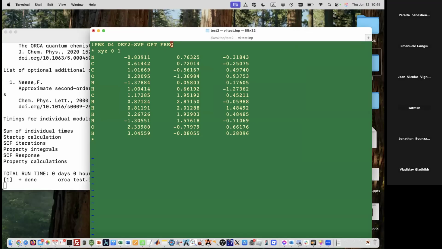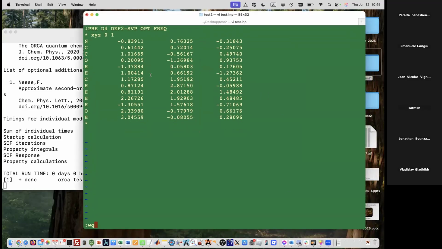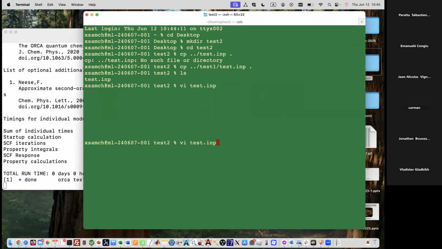I usually do this, and then you don't need to worry about doing optimization first and the frequency second. You can simply run them together.